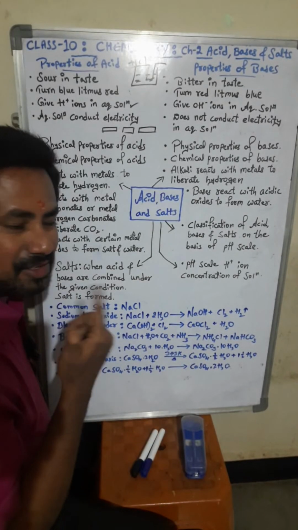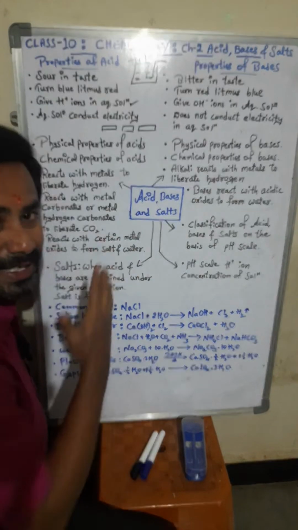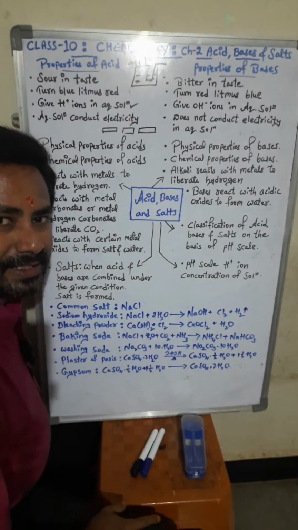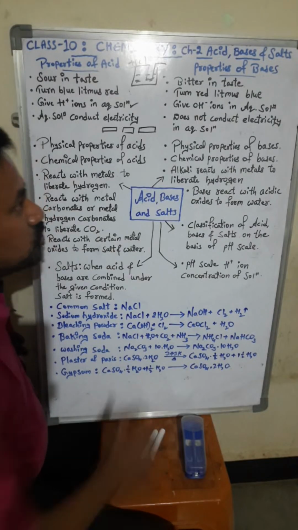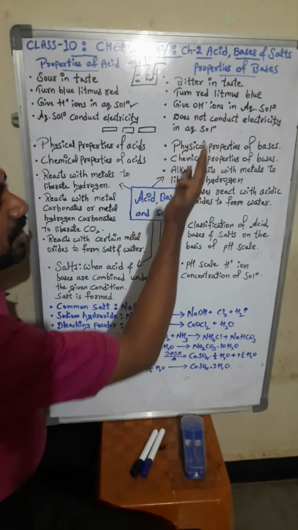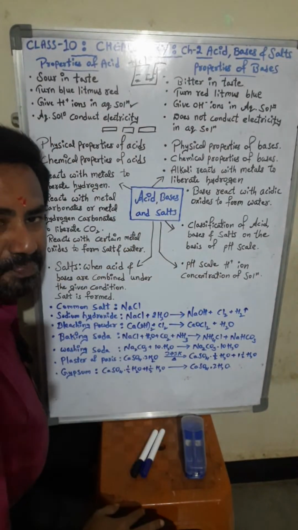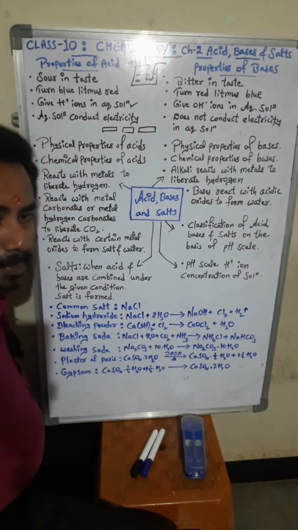Acid is there, and when we apply a base, it will neutralize. The acidic condition in our mouth will go, and it will be neutral, students. So when we add bases to acids, it will become neutral, neither acid nor base.